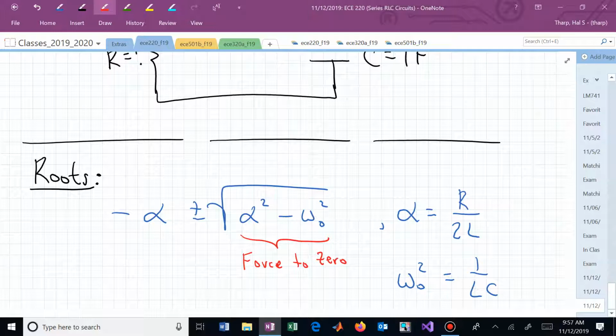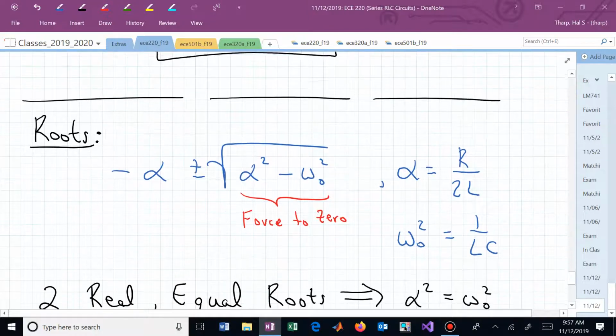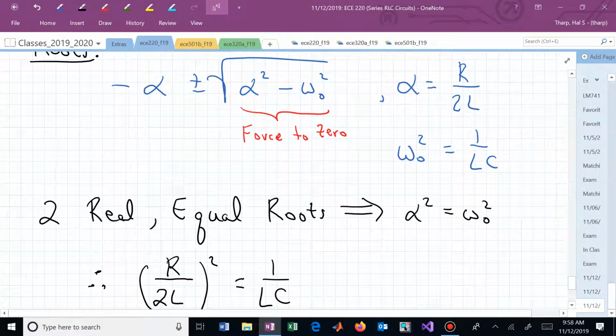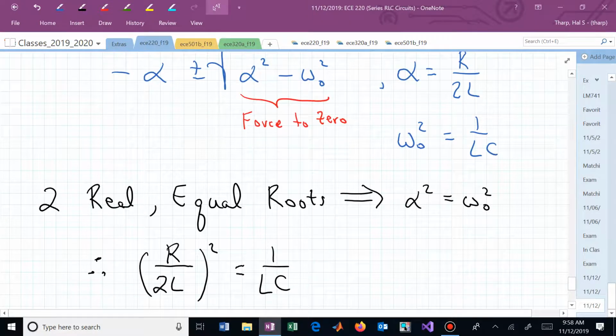And then we'll get two real roots, both of them at minus alpha. Doing that says we need to set alpha squared equal to omega naught squared. And we already have formulas for alpha and for omega naught.